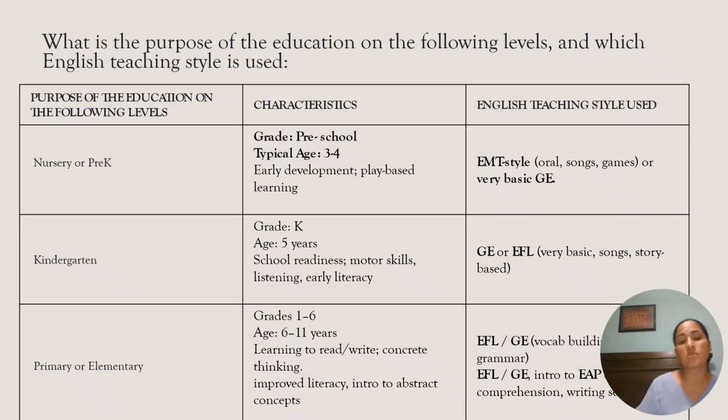The second group from 6 to 11 improves literacy into abstract concepts. And the teaching style, the first one is very focused on English as a foreign language and general English. And the second one, too, English as a foreign language, general English, and intro to EAP, English for academic purposes, comprehension, writing, and so on.